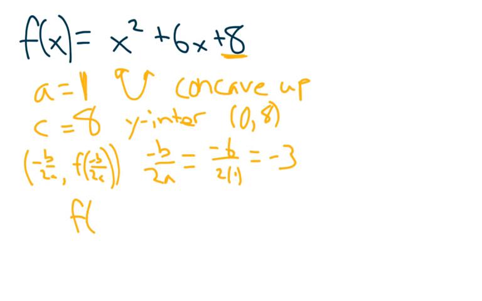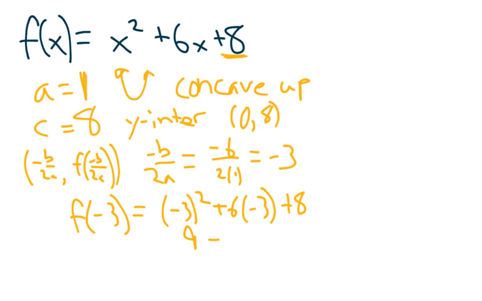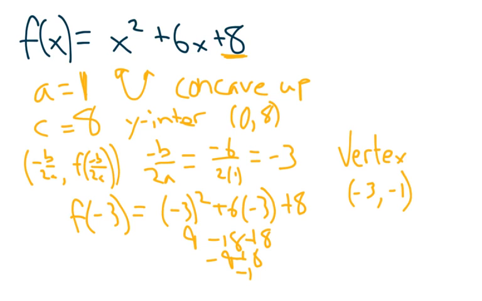And so f of negative 3 is equal to negative 3 squared plus 6 times negative 3 plus 8. That's 9 minus 18 plus 8, which is negative 9 plus 8, and that's going to be negative 1. So we know that the vertex is at negative 3, negative 1.